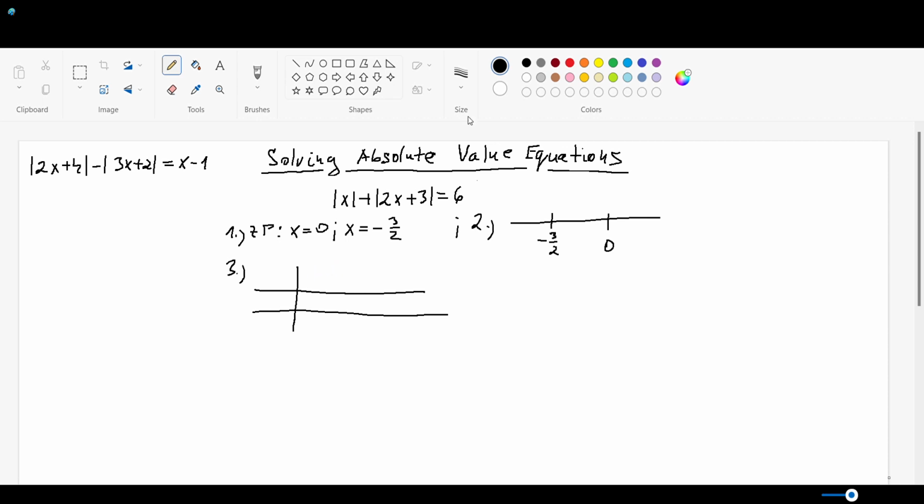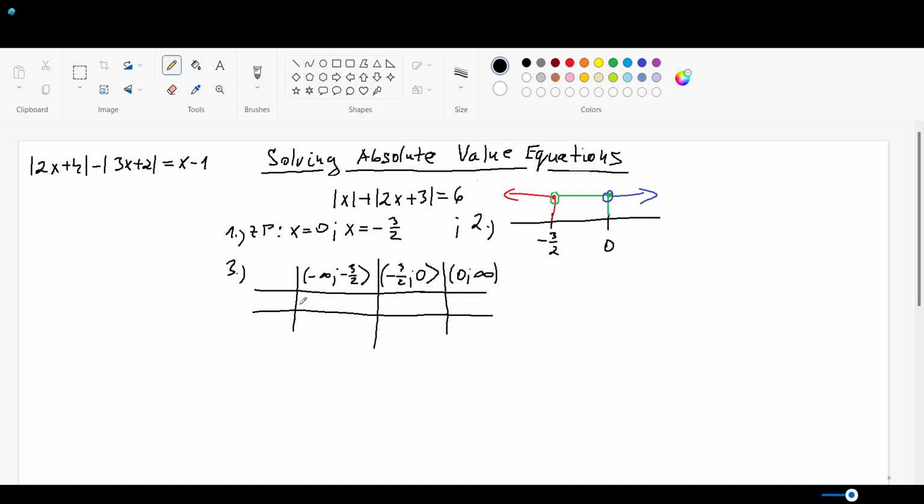The first interval is from negative infinity to negative 3 over 2. The second interval is from negative 3 over 2 to 0. And our last interval is from 0 to infinity.